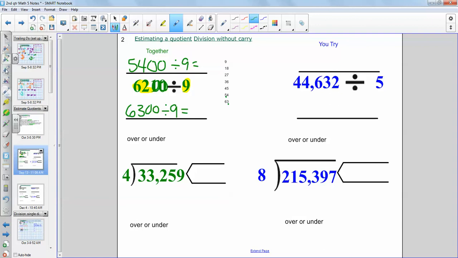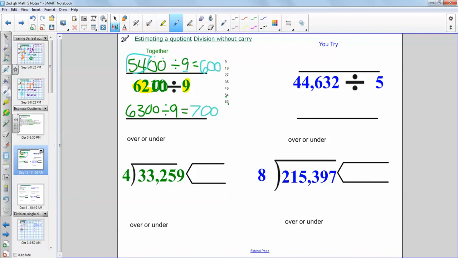So now I'm going to use my skills from yesterday. My basic fact is going to be 54 divided by 9. 54 divided by 9 is 6, and I've got 2 zeros left over. 6,300 divided by 9 is 7. 2 zeros left over, 700.